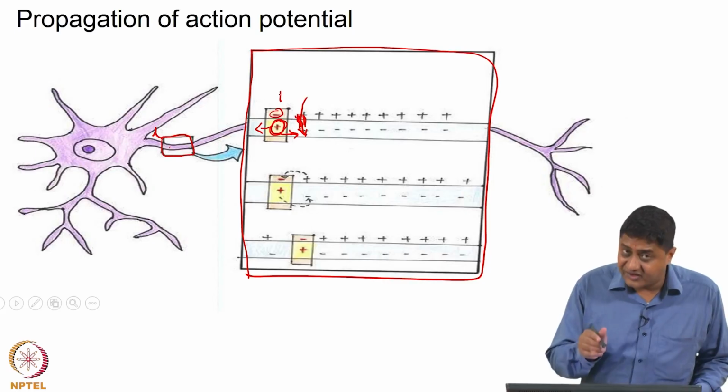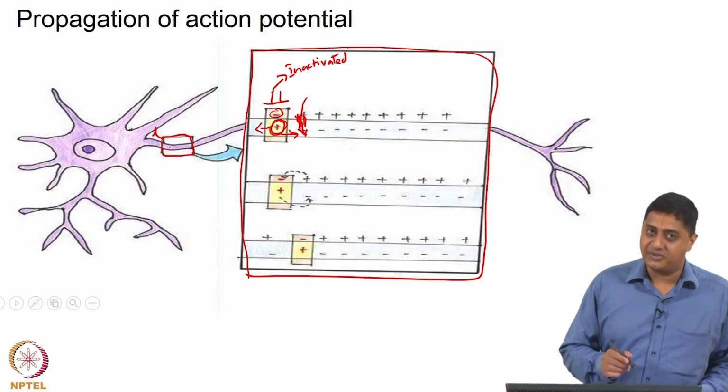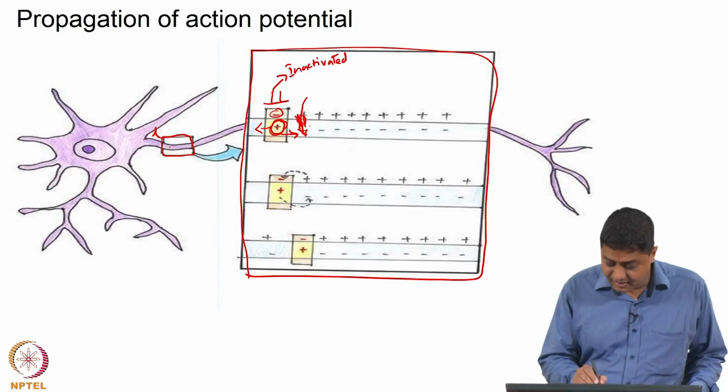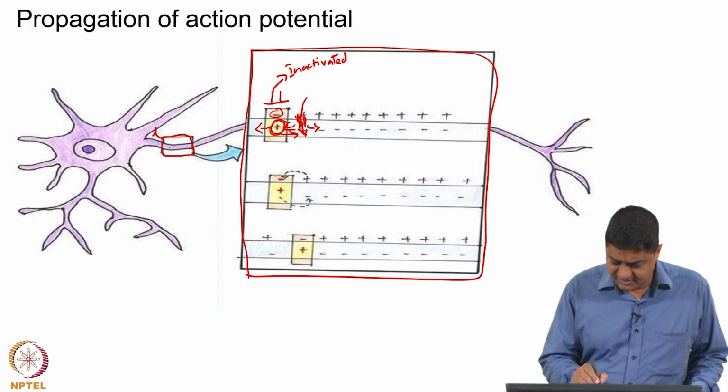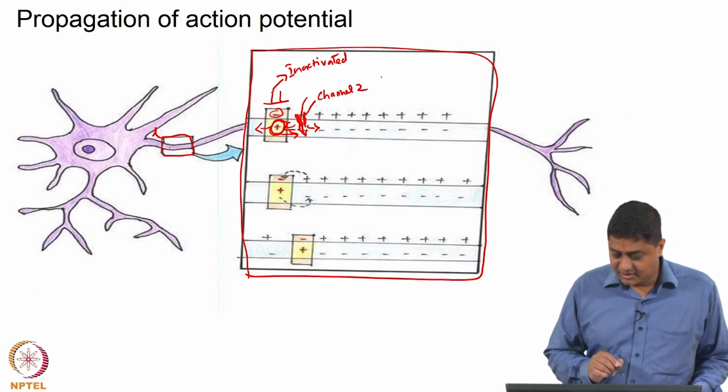At around the same time, its inactivation gate will be closed, or it will be inactivated, or it will be in its refractory period, which we saw in the previous class. So, a lot of sodium enters inside, and I am going to call this channel 2. In channel 2 a lot of sodium enters inside, and the sodium diffuses in both directions.